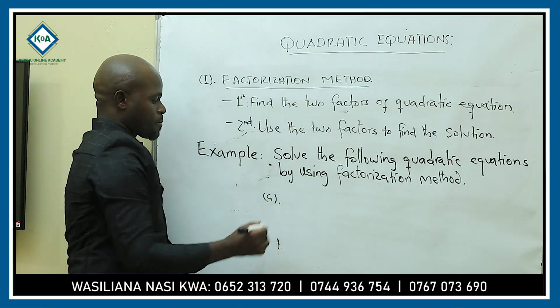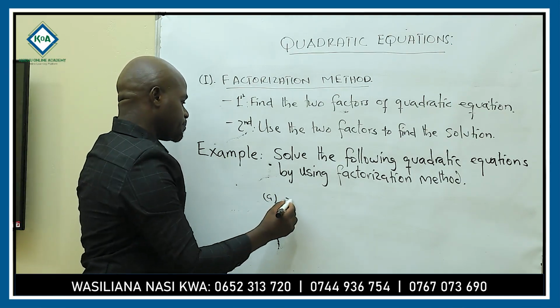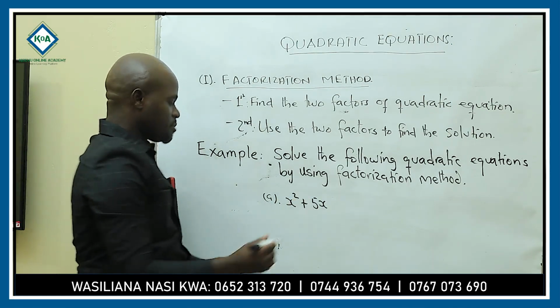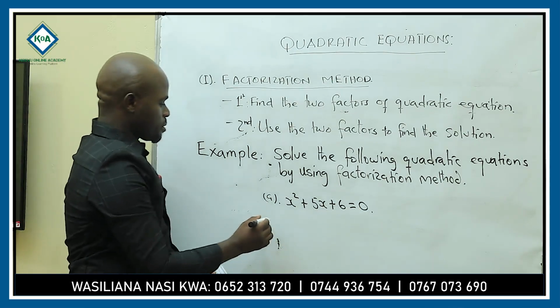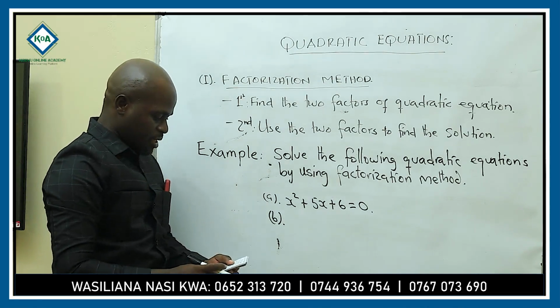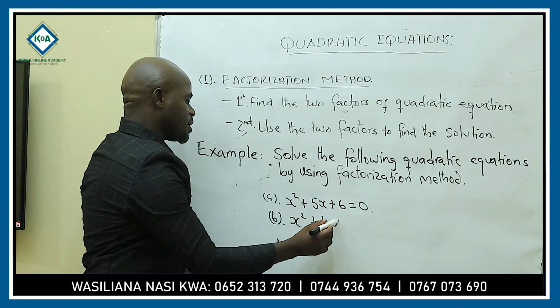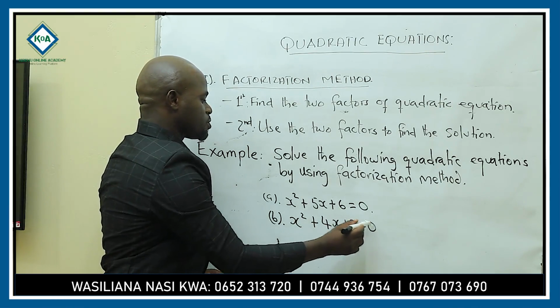A, we have x squared plus 5x plus 6 is equal to 0. B, our equation is x squared plus 4x plus 3 is equal to 0.